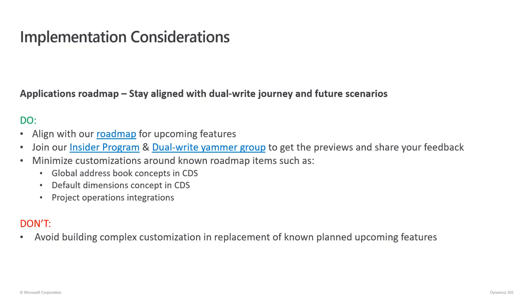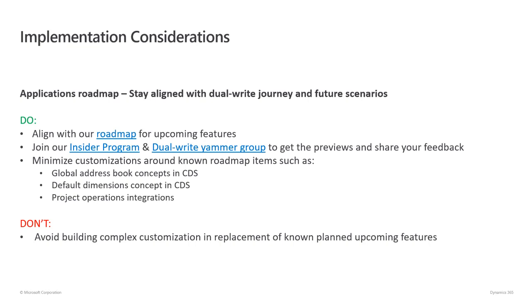So today we are already aware of certain upcoming features, things like the global address book concepts in CDS, or the ability to synchronize multiple addresses for a customer. Other things like the default dimension concepts in CDS or the project operations integration.